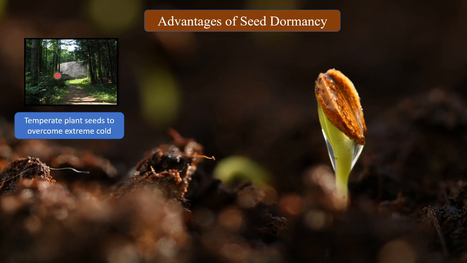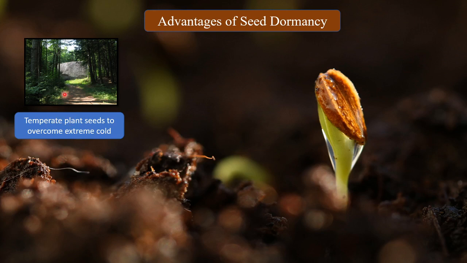So in such an area that does not have much hot or much cold weather, in some extreme conditions, when these plants pass through very cold conditions, then to overcome that extreme cold, the plants of this area will undergo dormancy.